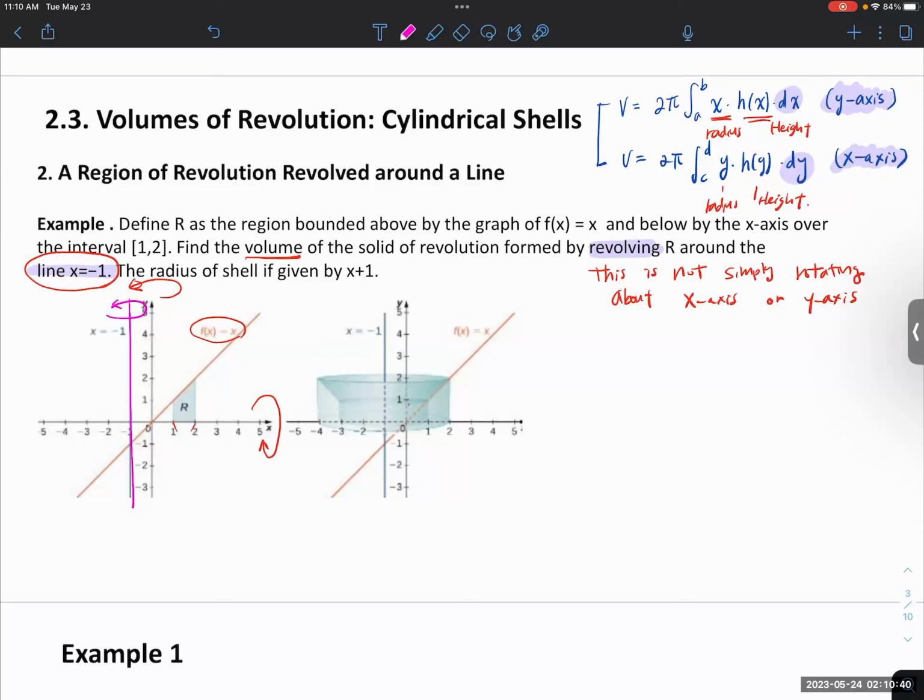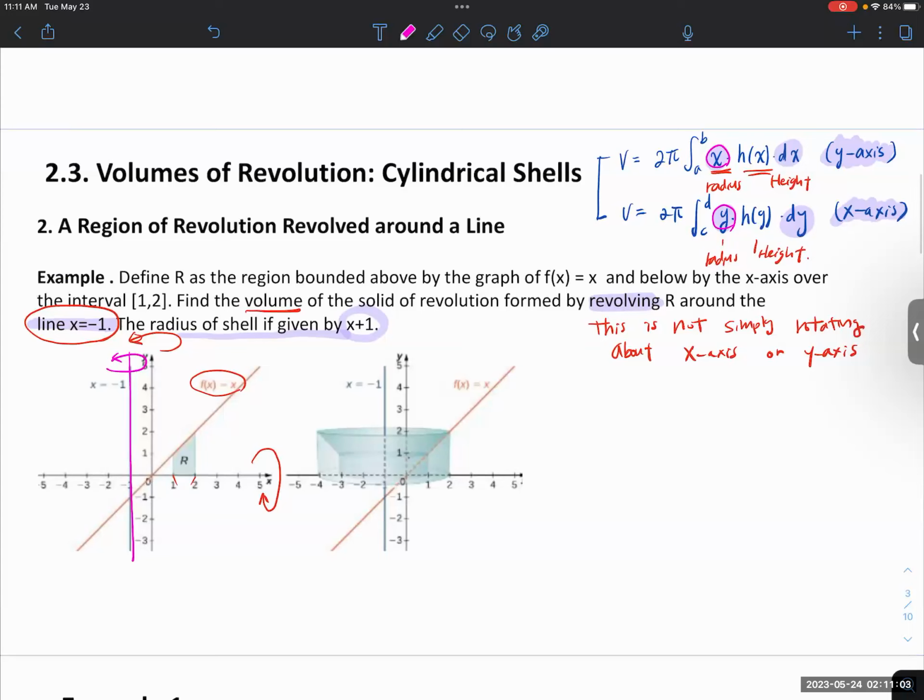Because of this, the radius of the cylinder also shifts. The radius of the shell is going to be x plus 1. We used to have, if you rotate exactly about the y-axis or x-axis, a fixed radius, either x or y.